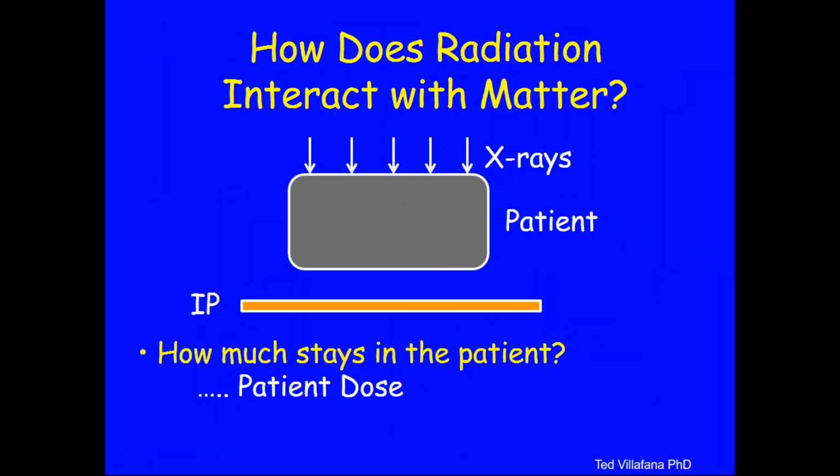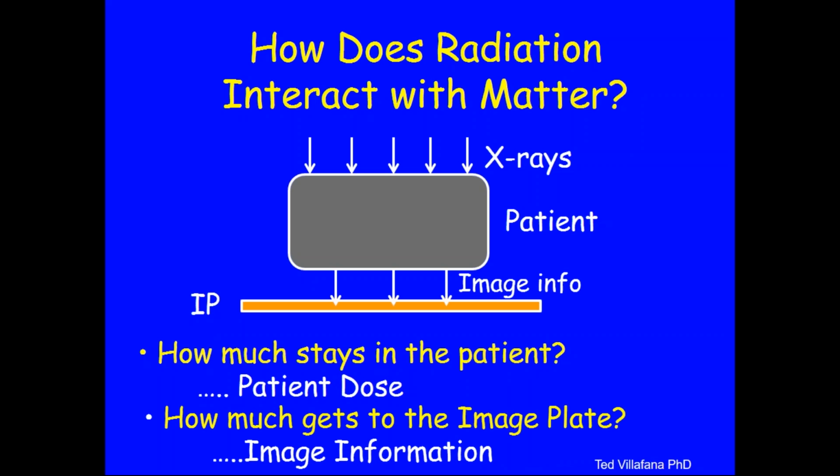Here you have X-rays incident on the patient, and then you have the image plate on the other side of the patient, and whatever happens inside the patient, if the radiation stays in the patient, that's going to give you patient dose, right? So that's certainly one aspect to it.